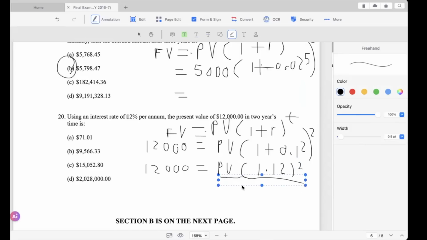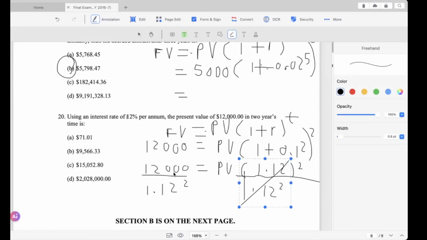Then divide both sides by 1.12 squared. This cancels.